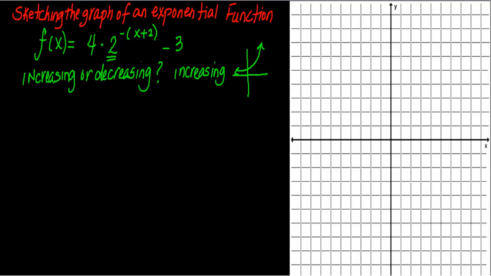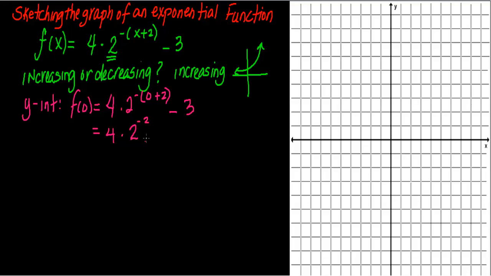The next thing I'm going to look at is the y-intercept. For the y-intercept, I will evaluate the original function at the value 0. Anywhere there's an x, I plug in a 0. That equals 4 times 2 to the negative 2 power minus 3.